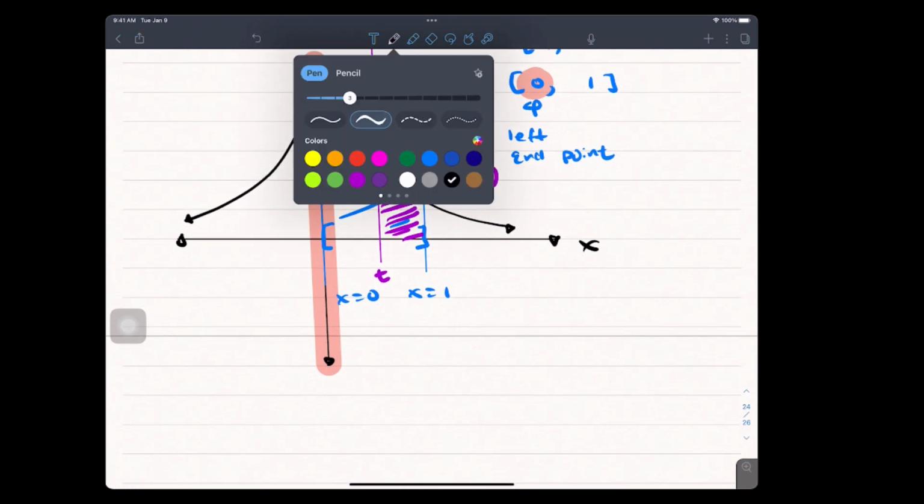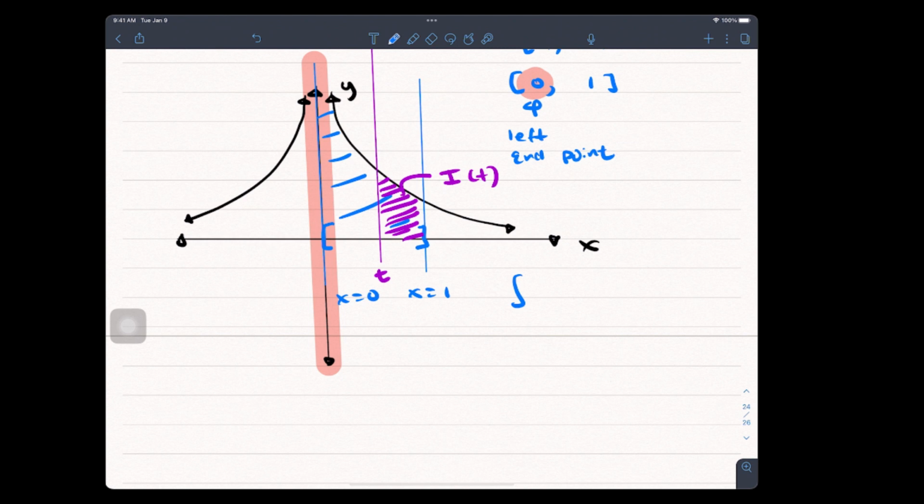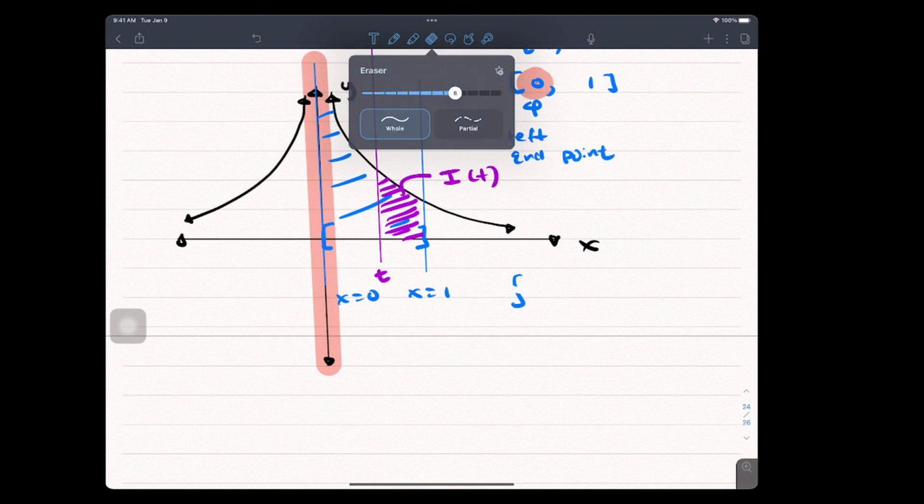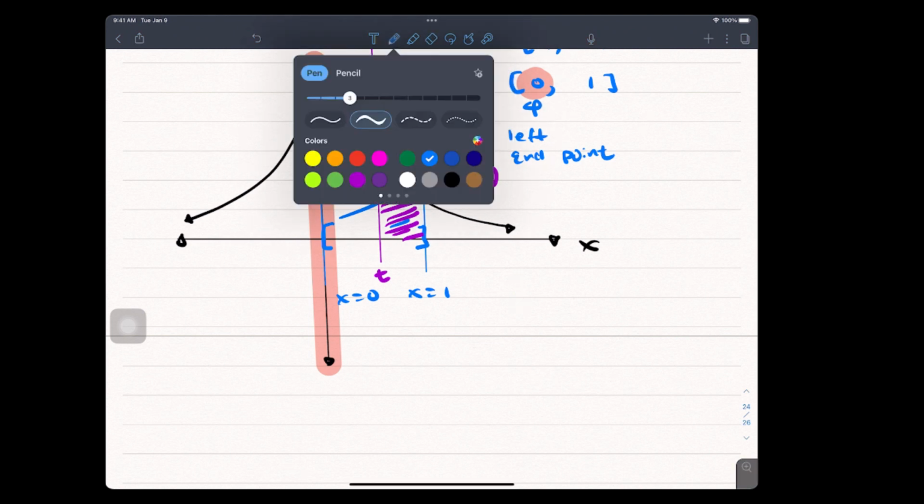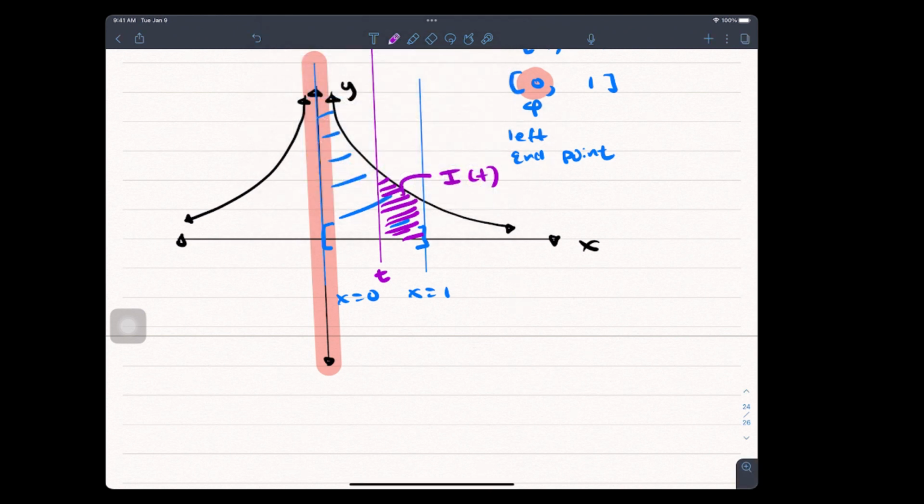You integrate not from 0, but let's do that in purple, from t here. So this I of t will be the integral from t to 1 of 1 over x squared dx.